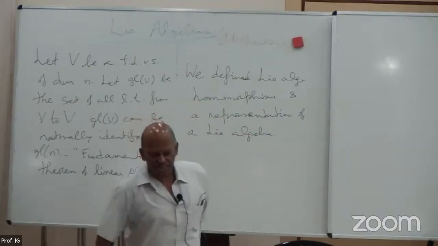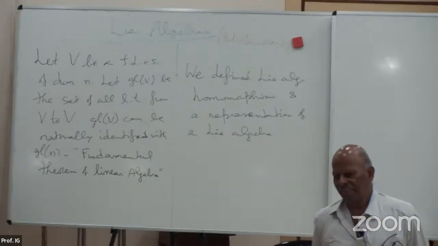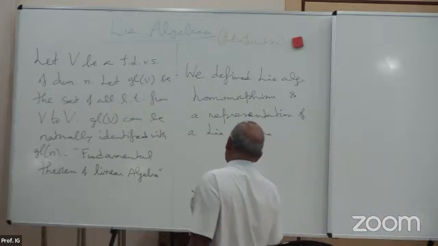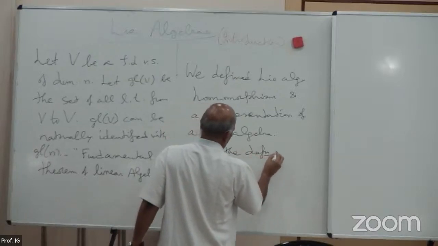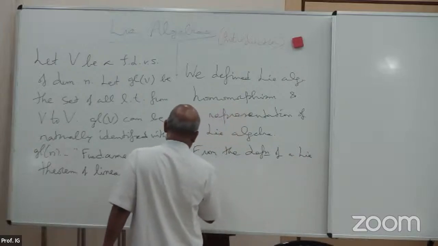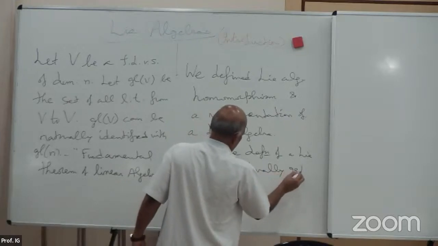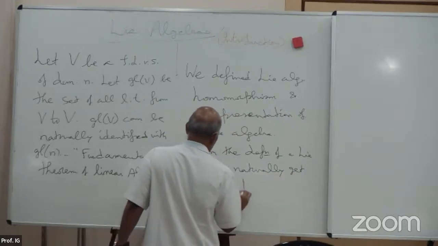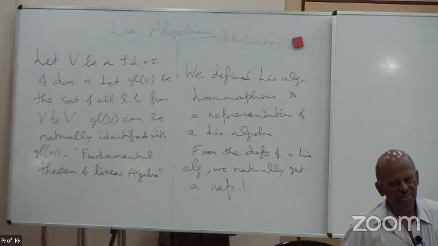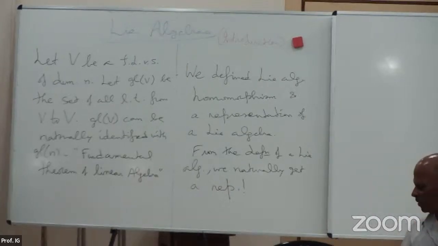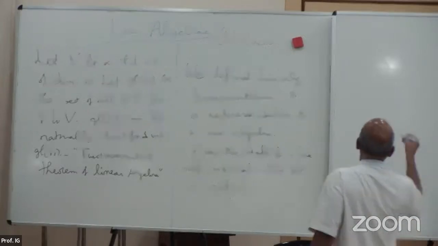And as I said yesterday, interestingly, the properties of a Lie algebra make sure that we get a representation automatically. So this is the nice thing about Lie algebras. If you want to understand Lie algebras, we can just take this particular representation. This is what we are going to be using quite a lot. And this is called the adjoint representation.